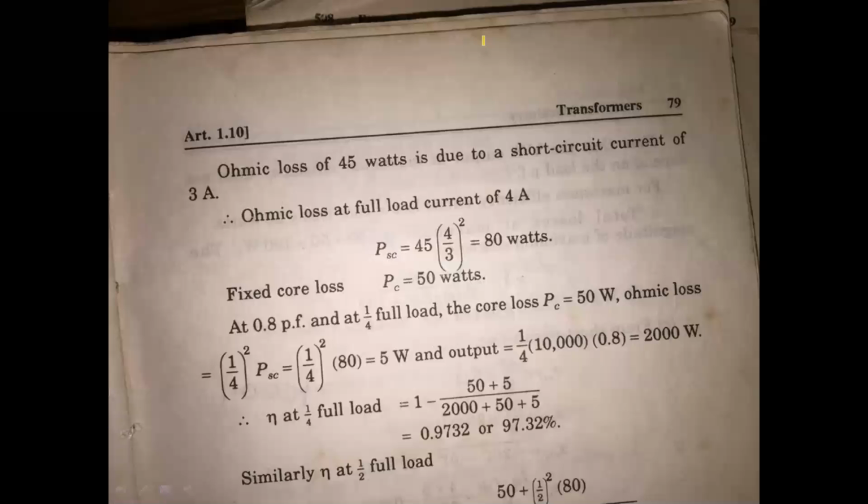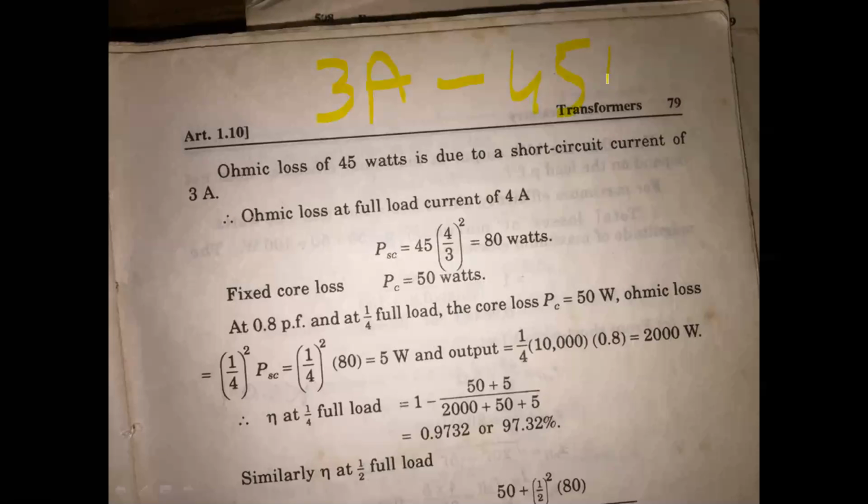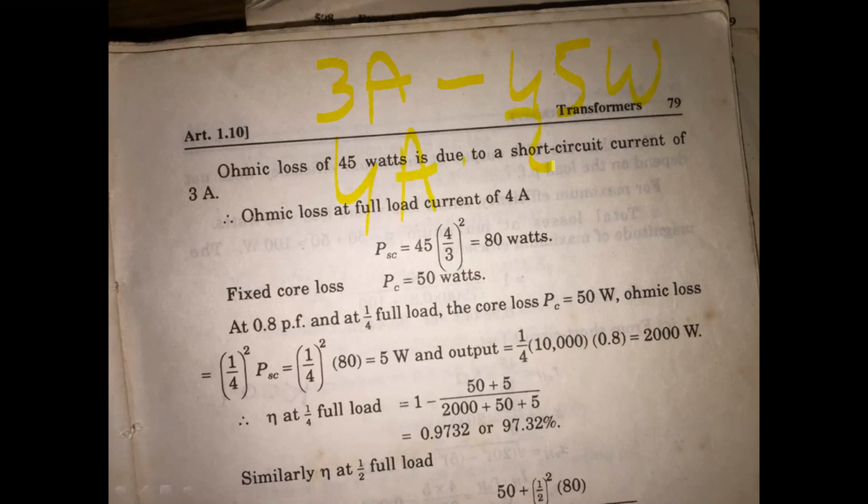So for that purpose, we calculate the copper losses at 4 amperes of current. For 3 amperes of current, copper loss is equal to 45 watts. So for 4 amperes of current, what is the copper loss? Copper losses increase proportional to the square of the current.